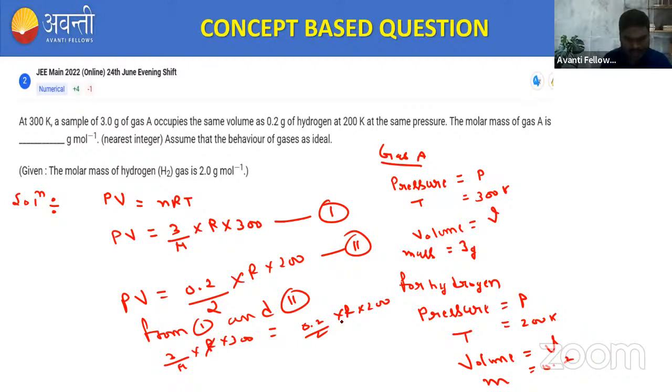This R gets cancelled and we get the value of M as 45. So what is the value of M? It comes out to be 45. So the molar mass of gas A is 45 gram per mole. Okay. So this is what we need to calculate in this question.